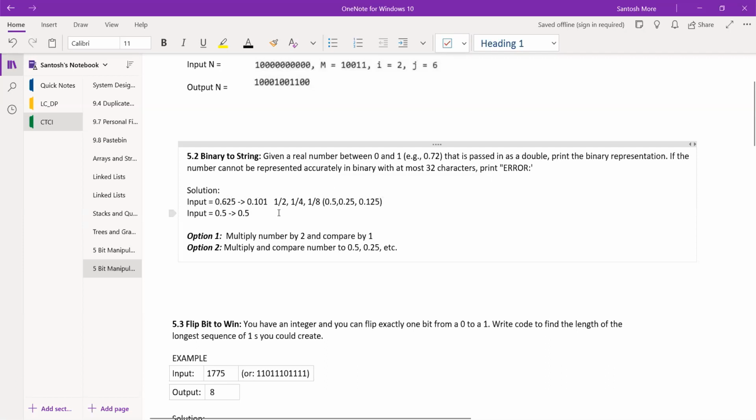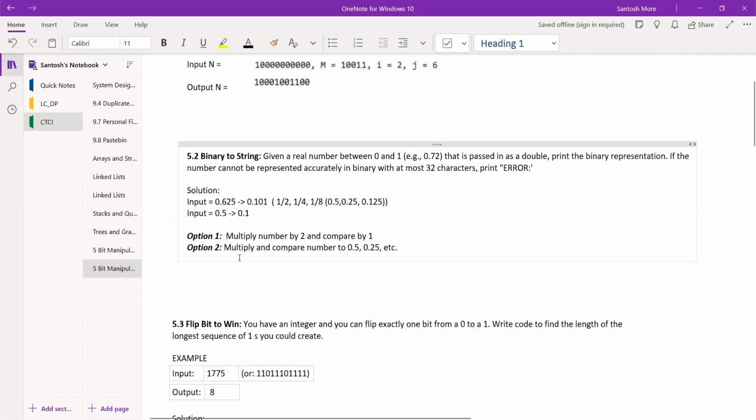That was the representation of these float values, correct? And if we have just 0.5, only the first bit has to be set. Well, this actually should be 0.1, right?